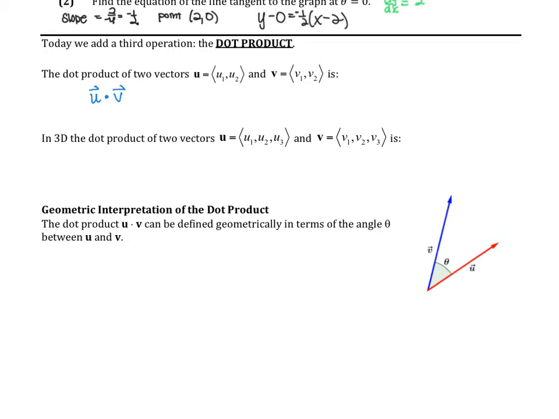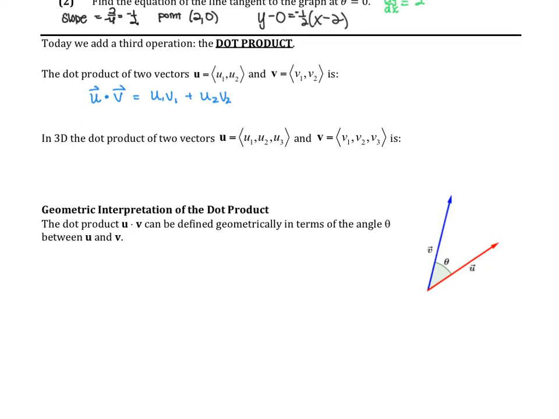It literally looks like a multiplication symbol, maybe a little bit bigger, but not by much. So u dot v equals u1 times v1 plus u2 times v2.